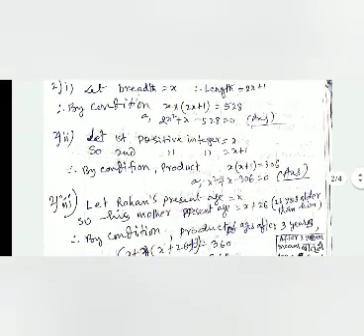Now come to third problem. There it is given Rohan's age and also given Rohan's mother's age. That Rohan's mother's age is 26 years more than Rohan's age.